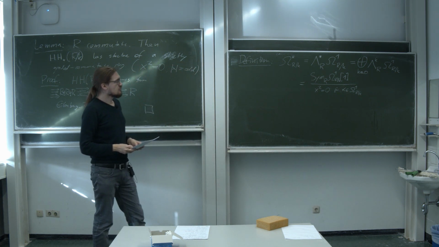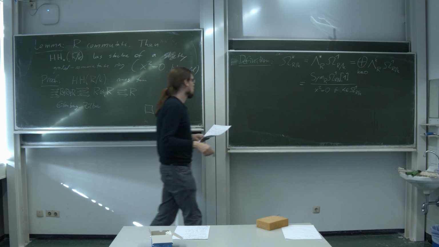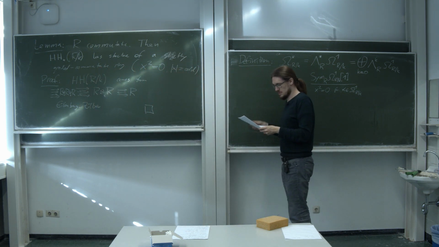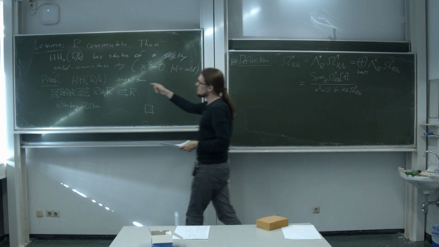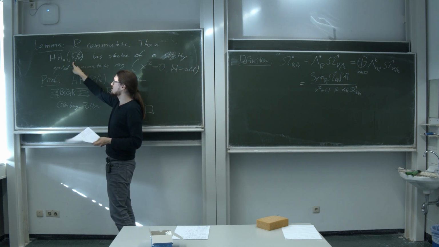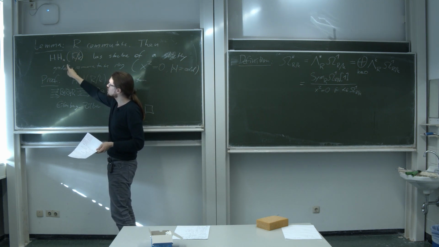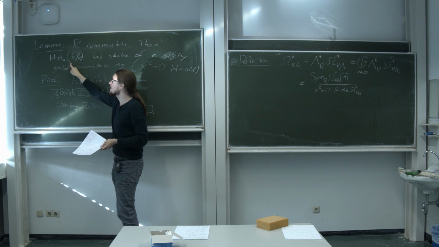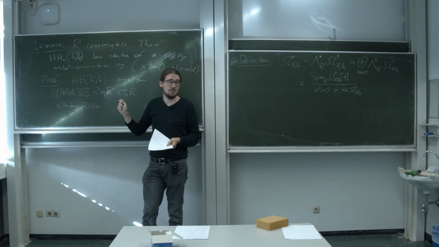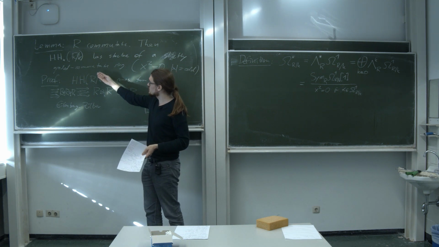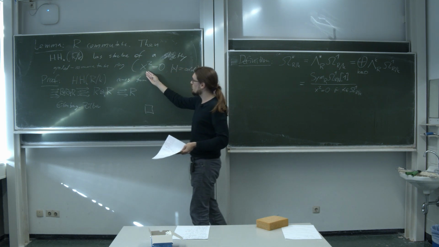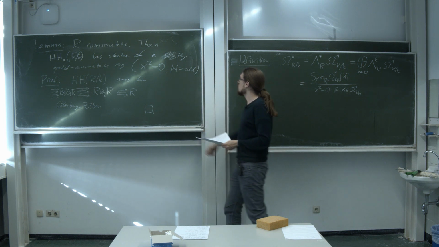And with this description, using that HH0 is just R, so in particular the Hochschild homology of R relative k is an R-algebra, and it's graded commutative, and it has this property that odd elements square to 0.